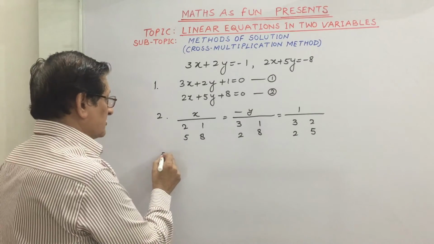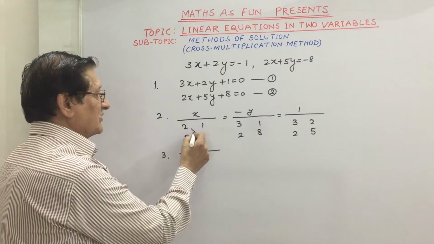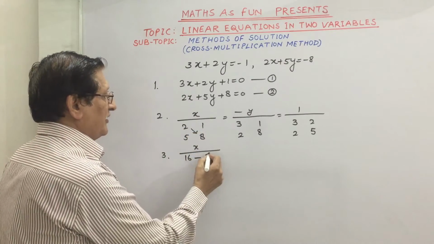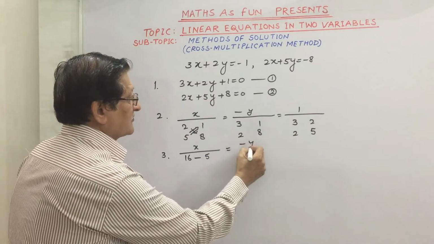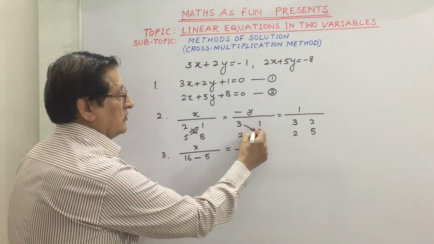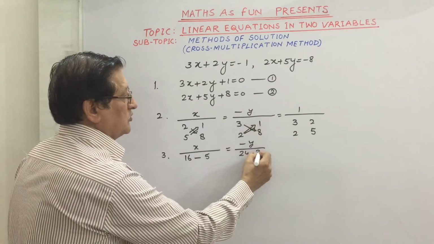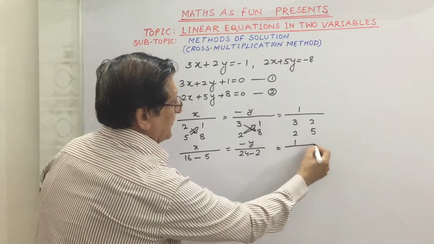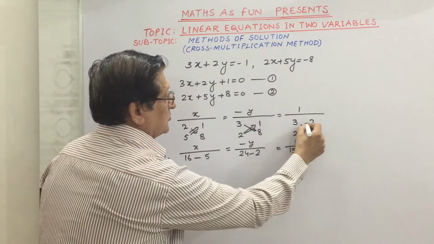Let's use the cross multiplication. Now we will have x upon 2 into 8, 16, minus 5 into 1, 5. Here we will have minus y upon 3 into 8, 24, minus 2 into 1, 2, equal to 1 upon 3 into 5, 15, minus 2 into 2, 4.